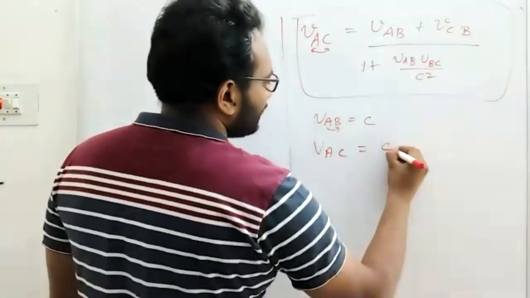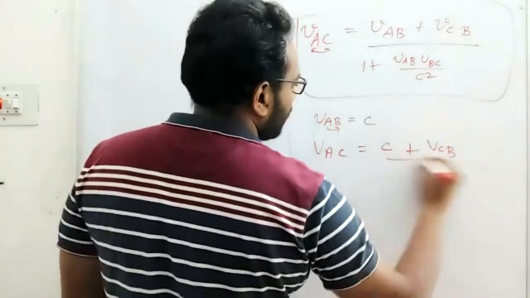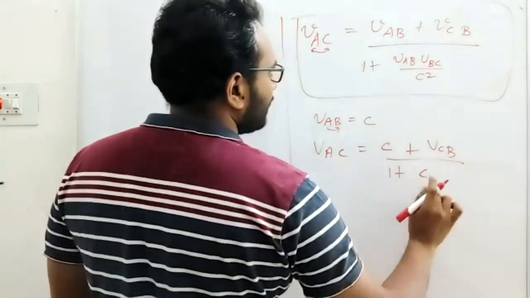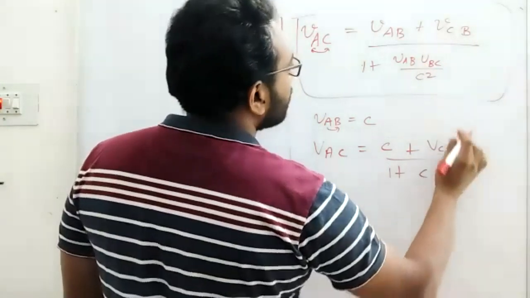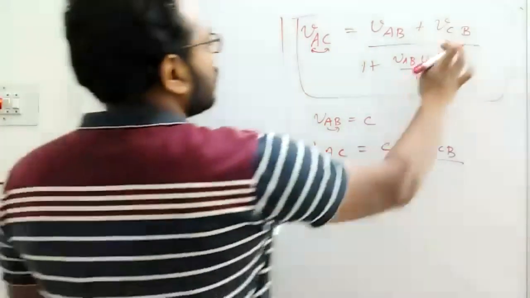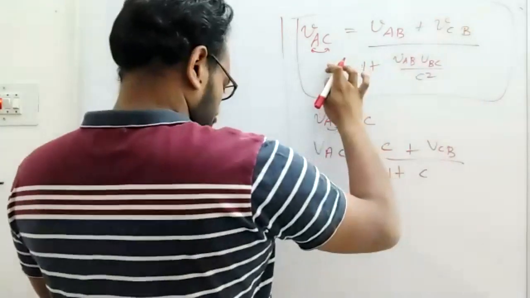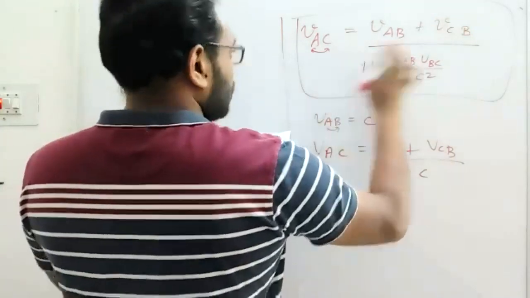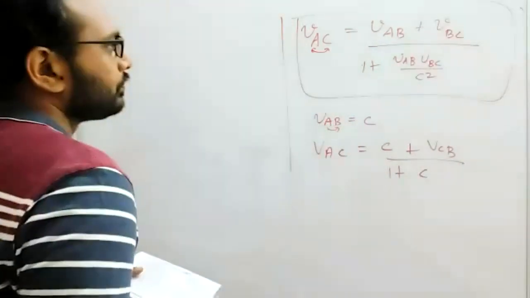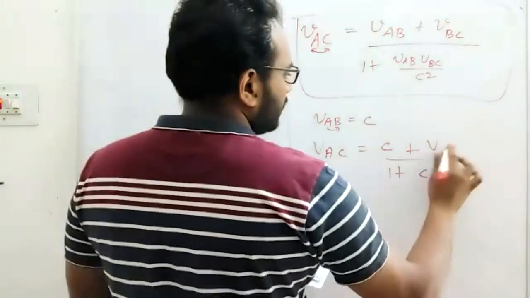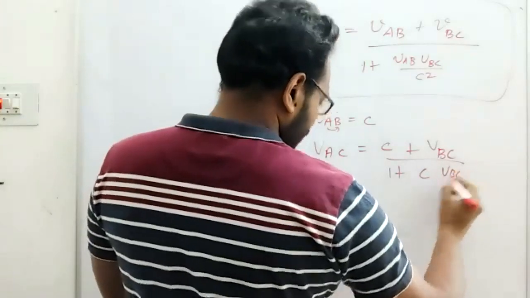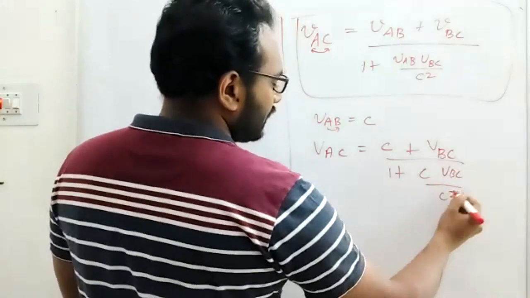This is equal to VAB, C plus VCB, divided by 1 plus VAB, which is again C. Sorry, we put a minus sign, so it's VBC, and this would be C times VBC by C square.